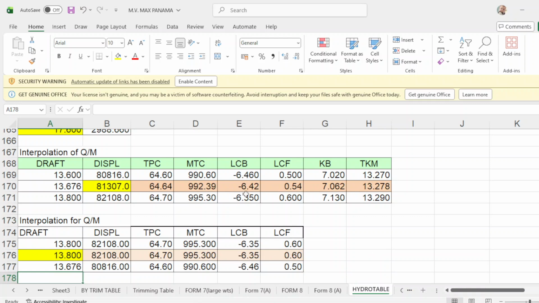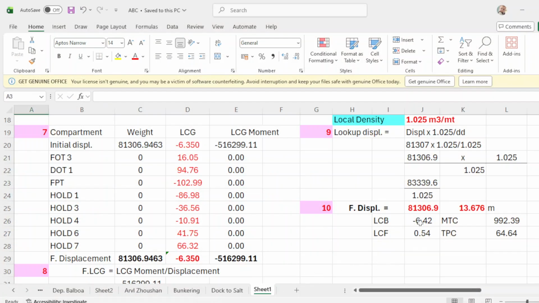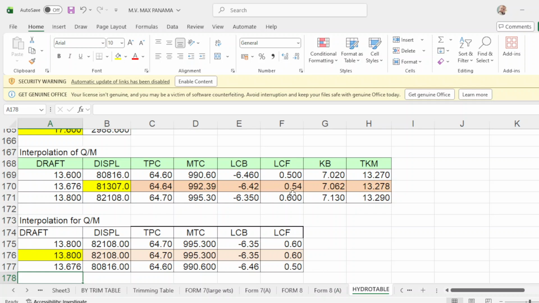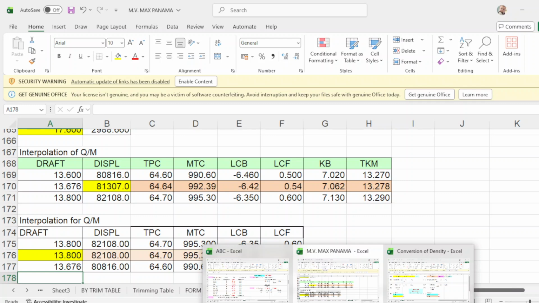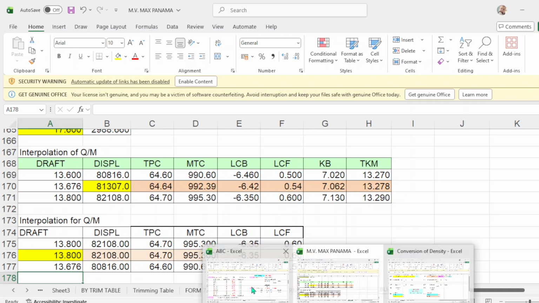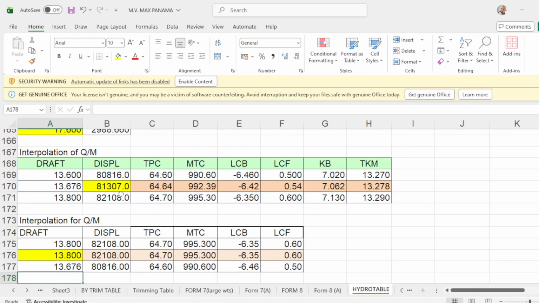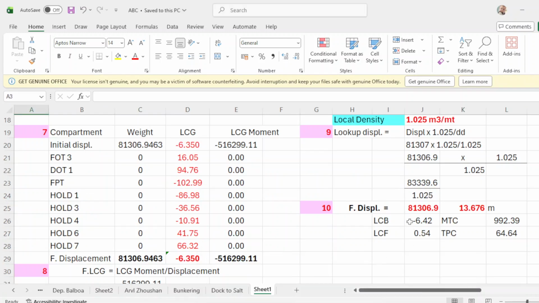LCB is negative 6.42. LCF is 0.54. So it's all the same: draft of 13.676, and displacement is 81307. Then we go to 11.